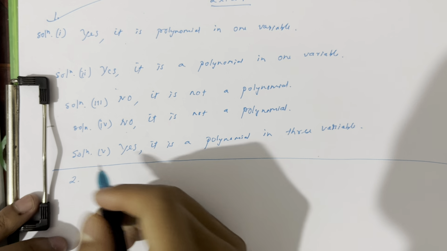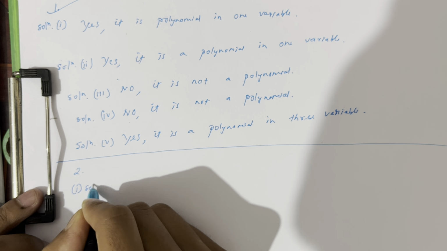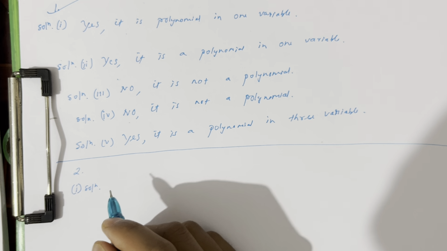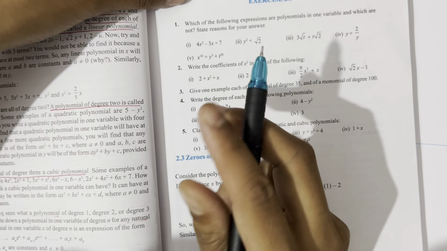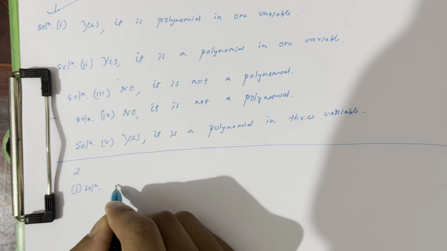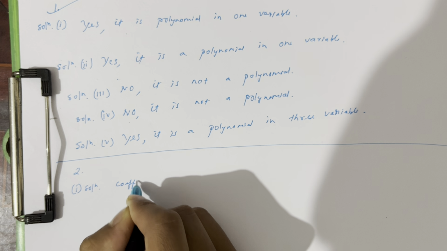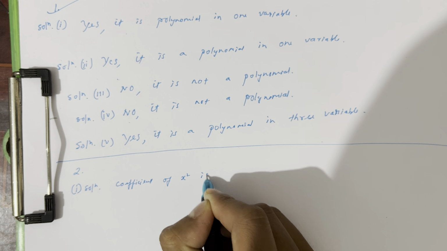Okay, you write question number 2, solution number 1. Then I'll explain. The coefficient of x square in question number 1 is 1. Plus 1 actually, but we write only 1. So you write, coefficient of x square is 1.